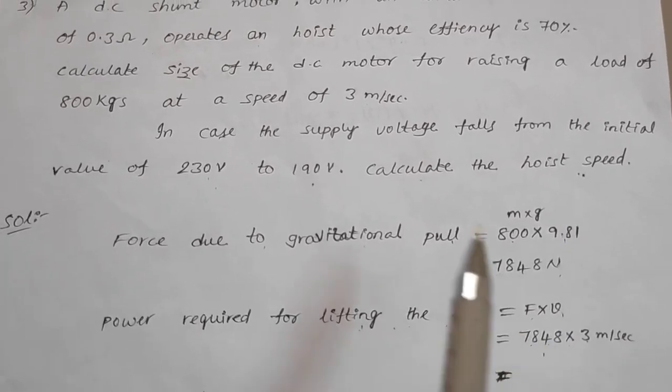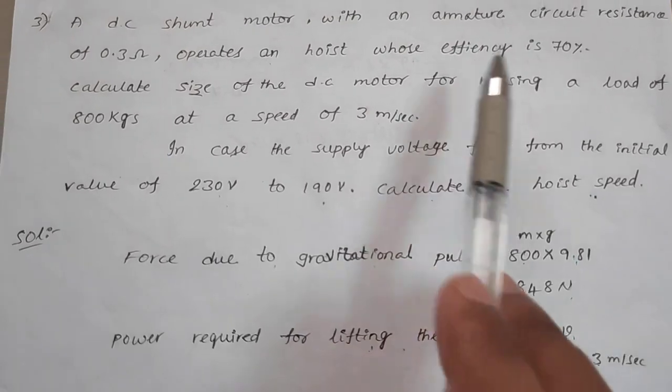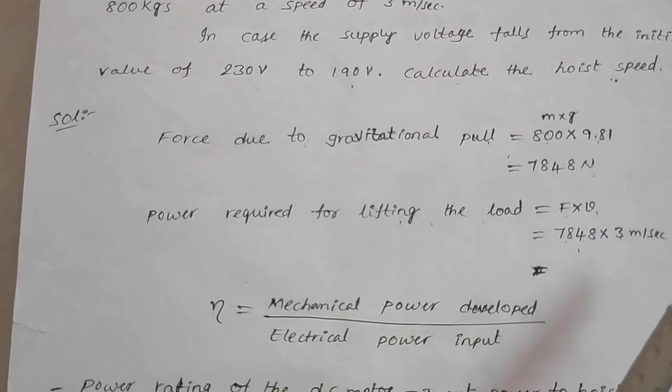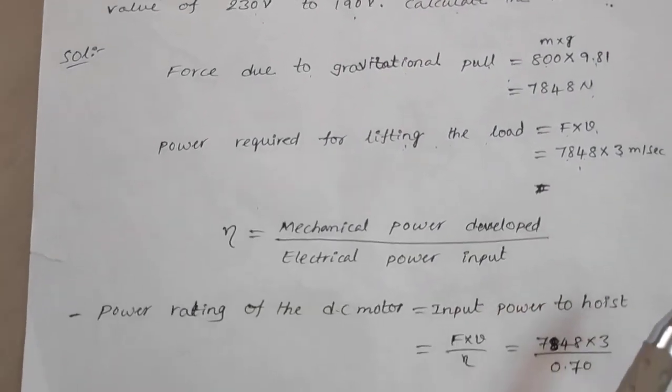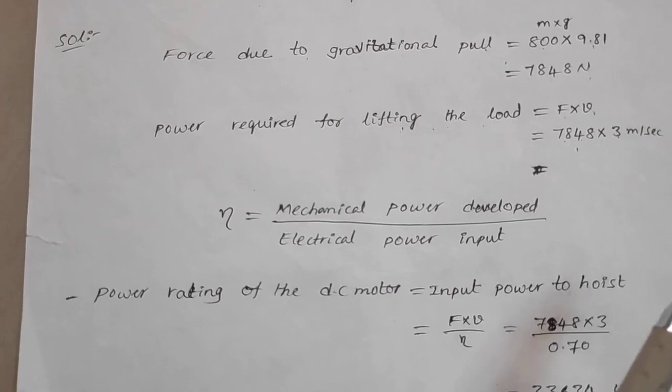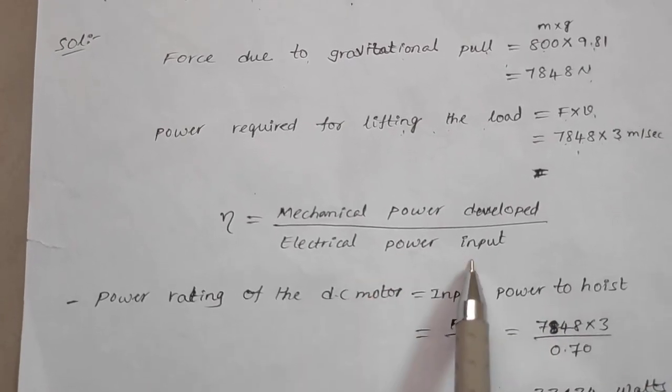So what else were they given in the statement? They were given the efficiency also. The efficiency is nothing but mechanical power developed divided by the electrical power input.